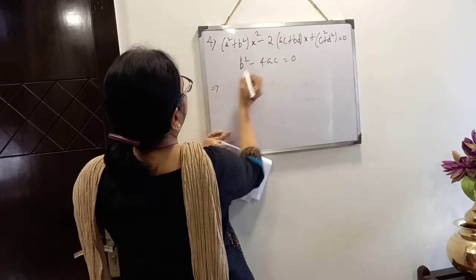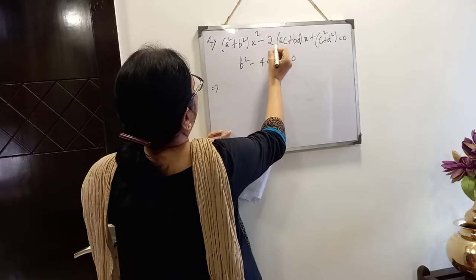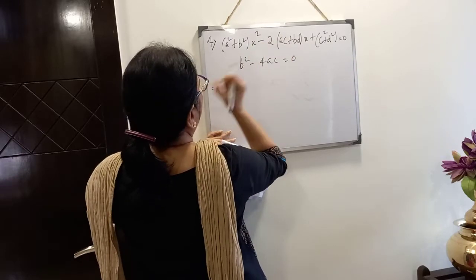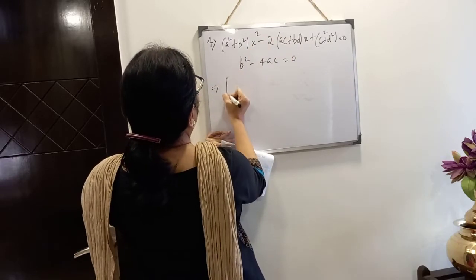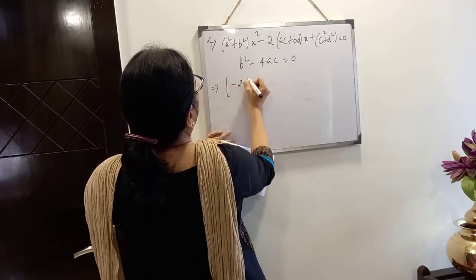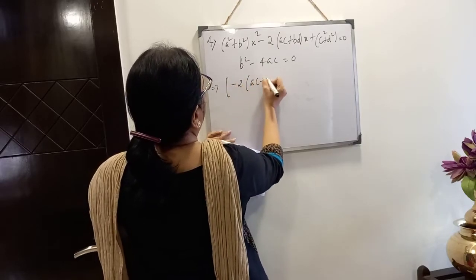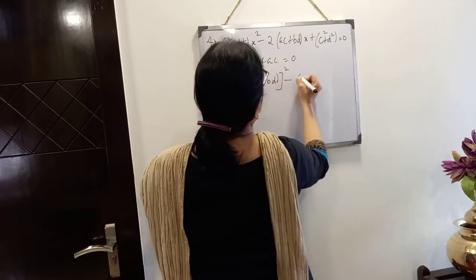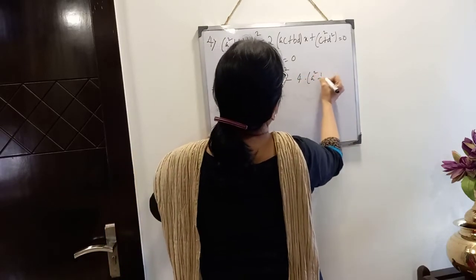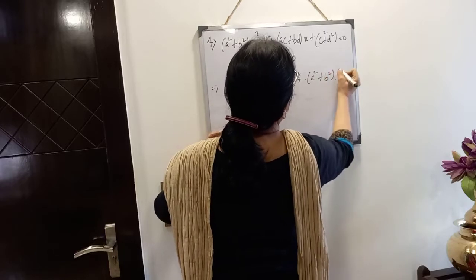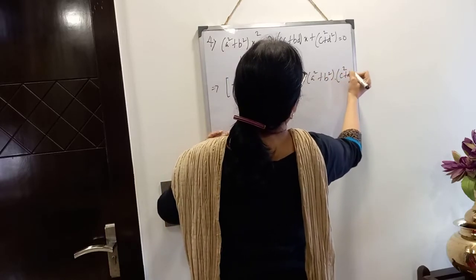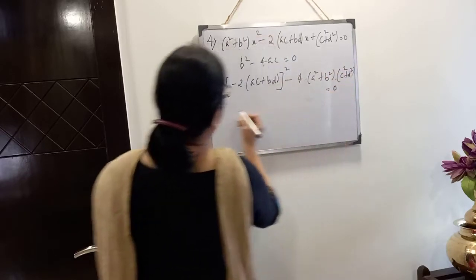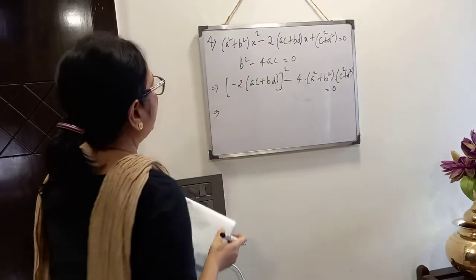That means b is minus of this. So minus whole square means it will become plus. I am writing here b square minus 4ac equal to 0.